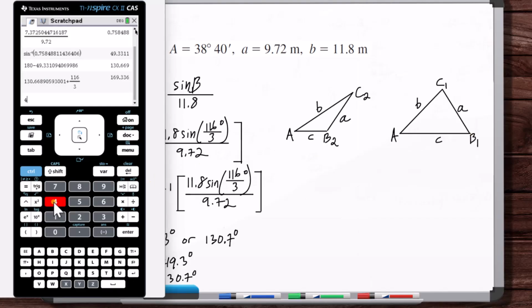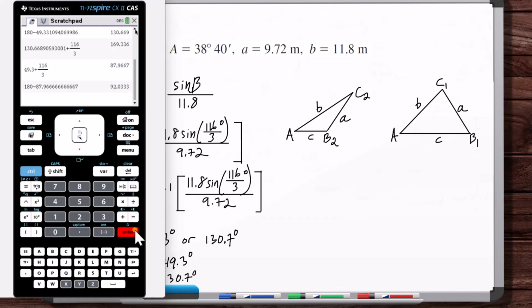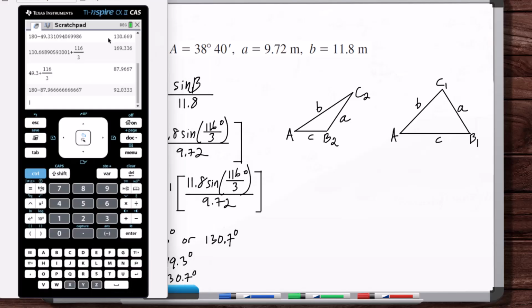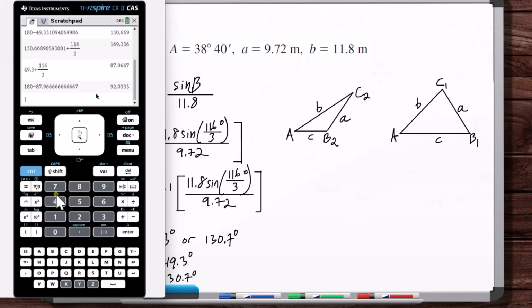So 49.3 plus 116 divided by 3, and then 180 minus that is going to be C1. So 92 degrees. Now C2 is just going to be 130.7, this here, 180 minus this.